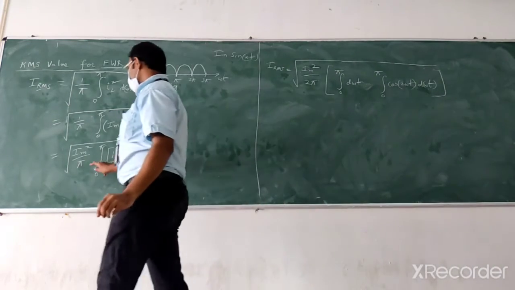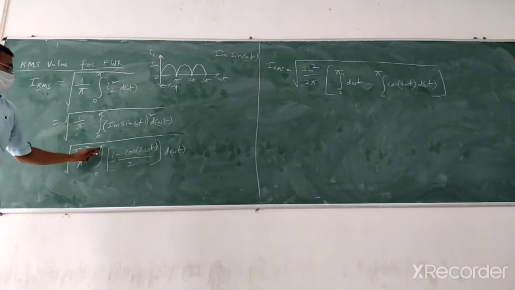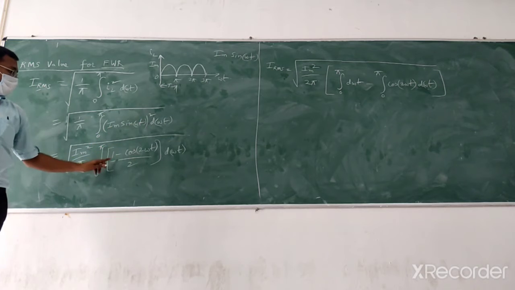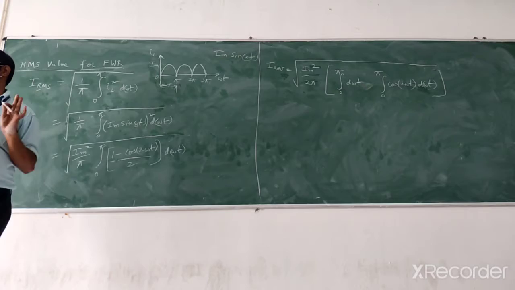Check carefully what we have done. We have taken 2 outside. Then integral 0 to pi d omega t is remaining minus integral 0 to pi cos 2 omega t d omega t. Clear?